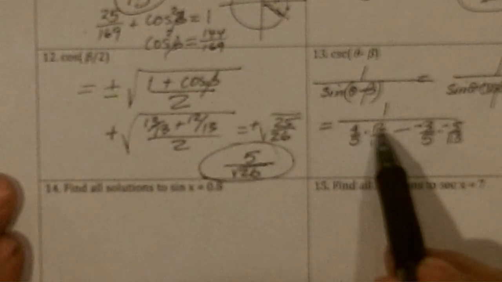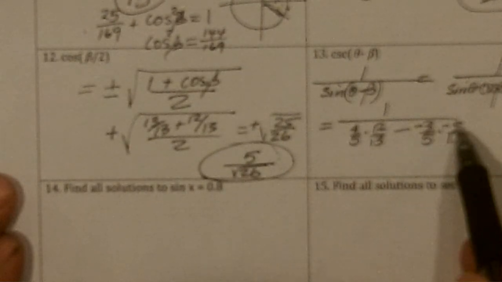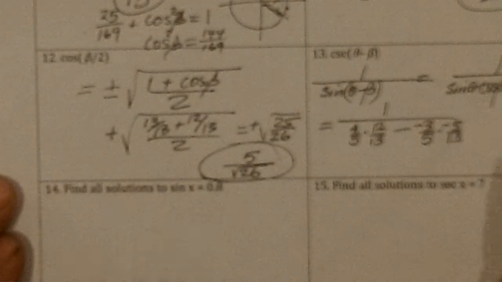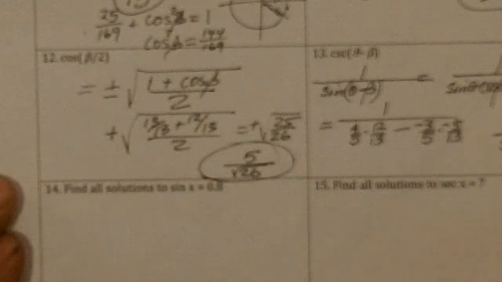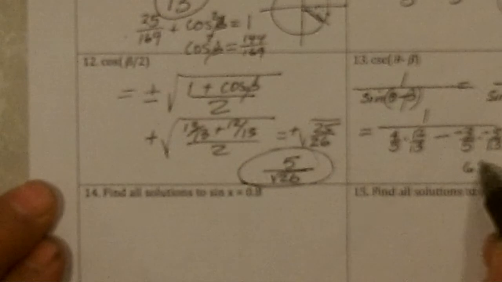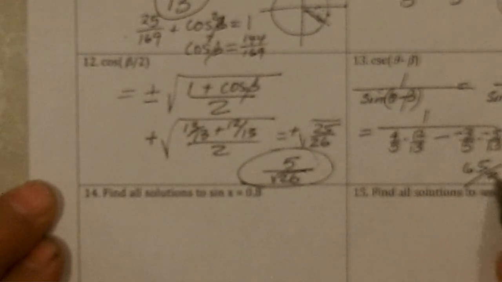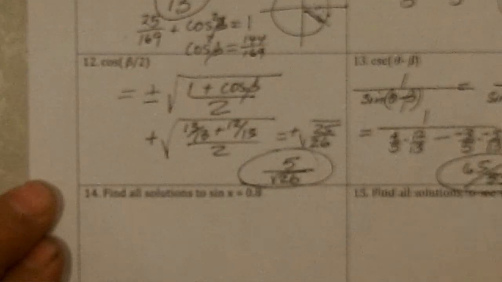So we got 48 minus 15, which is 33, over 5 times 13, or 33 over 65, and that's under 1, so this becomes 65 over 33.